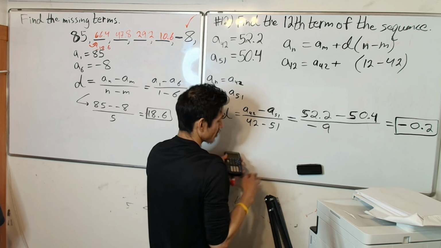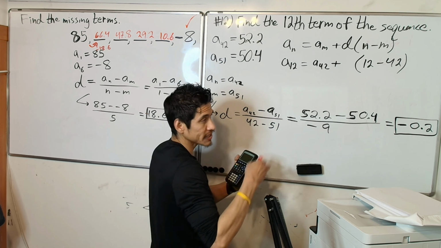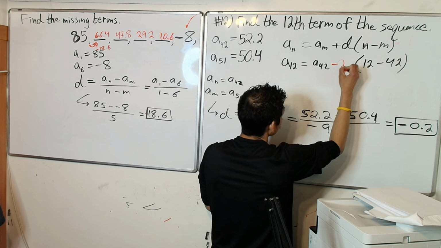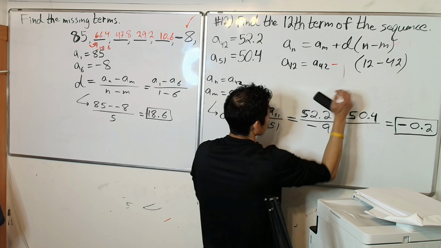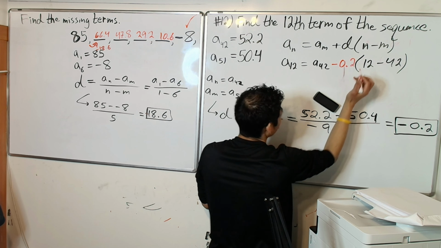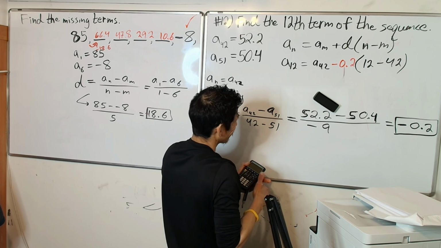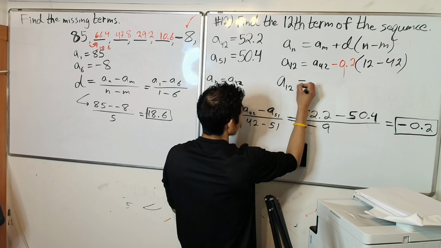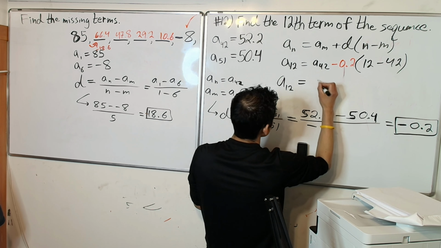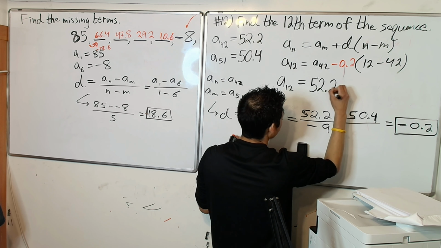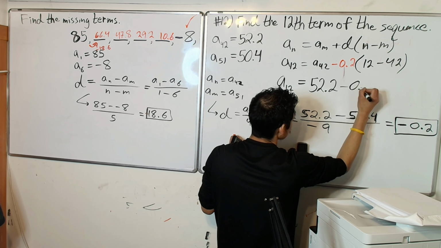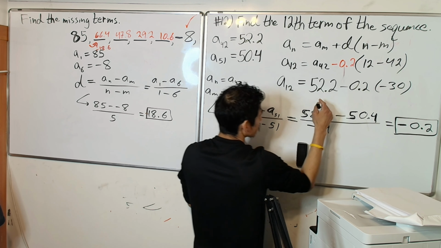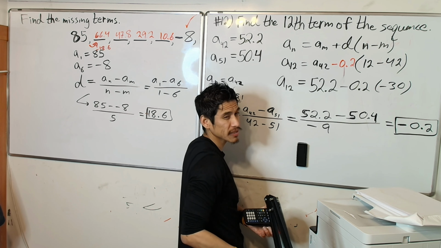That's our common difference. Then we replace it in our equation right here. Then we do some math, plug and chugging. So A12 will be A42, or 52.2, minus 0.2 times negative 30. So 52.2 minus, plus 6, right?